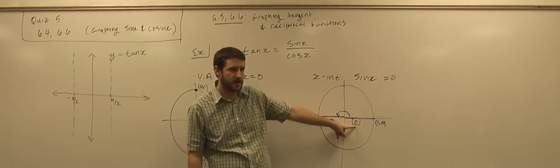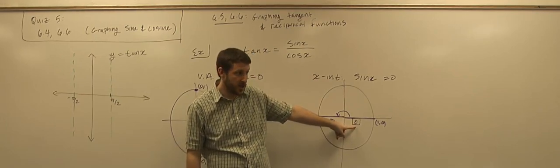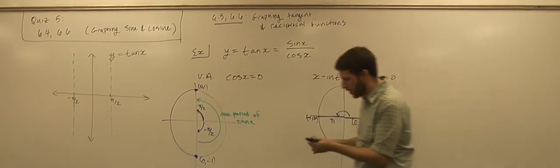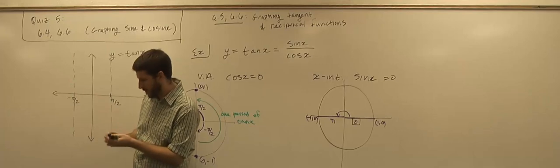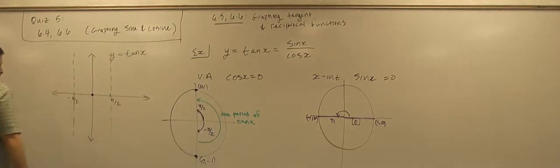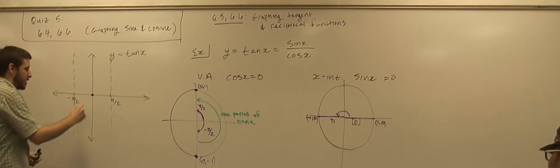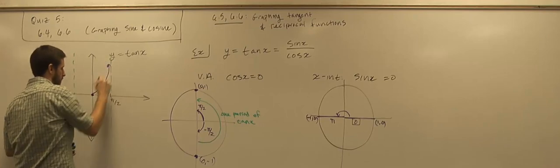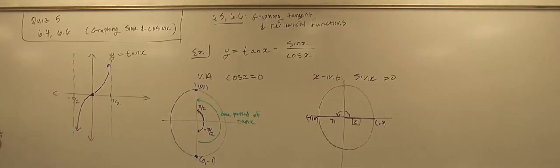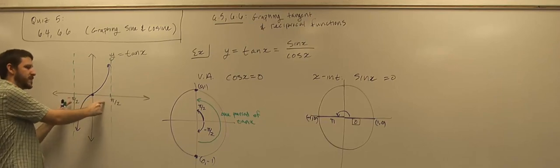What point is that on my graph? The origin. Right? When the angle is 0, sine is 0. That means 0, 0 is on my graph. And then really you just have to remember the shape. It's a snake. It goes up like this, down like this. It's tan x. Have to know these asymptotes.